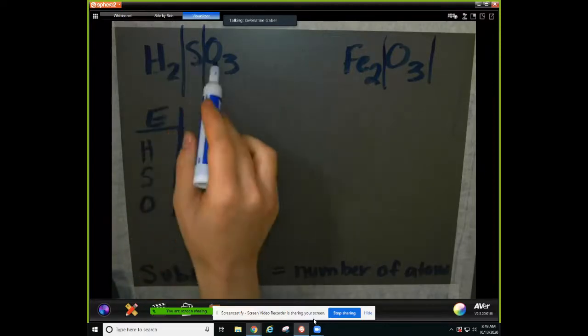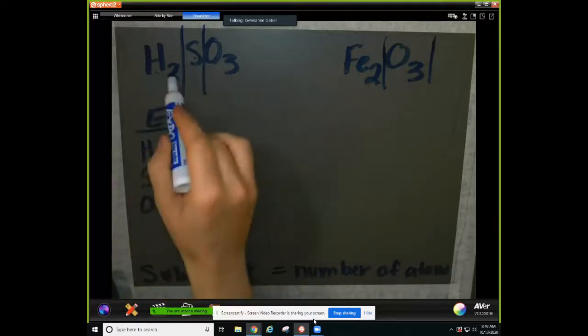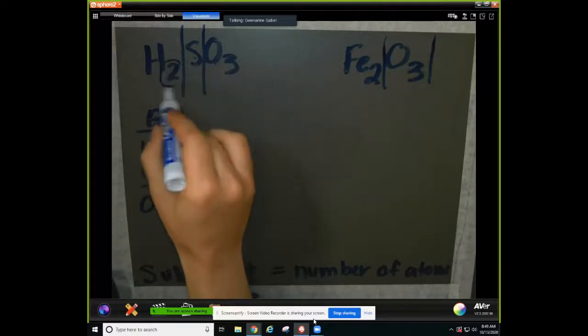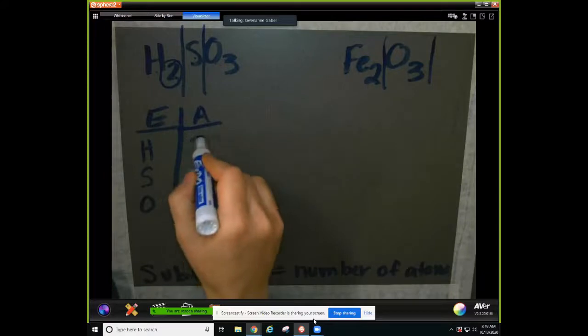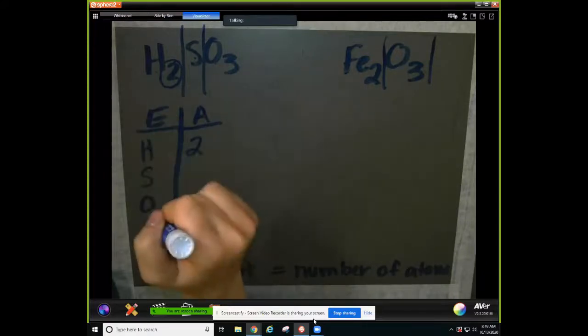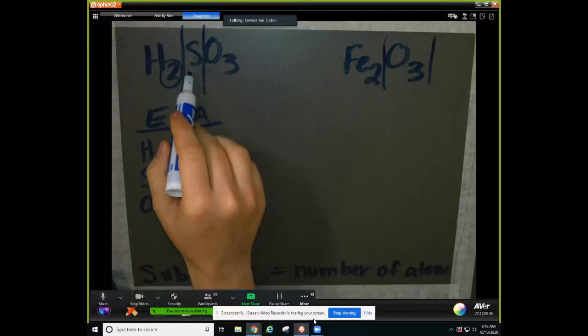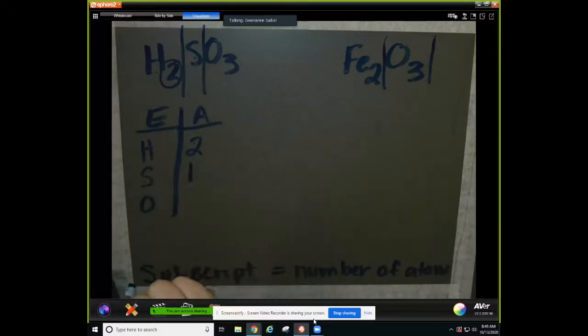Hydrogen, sulfur, oxygen. Now, my H, this subscript, is right behind my H. This subscript tells me that I have two atoms of hydrogen. This S has no subscript, so that means there is one atom of it.